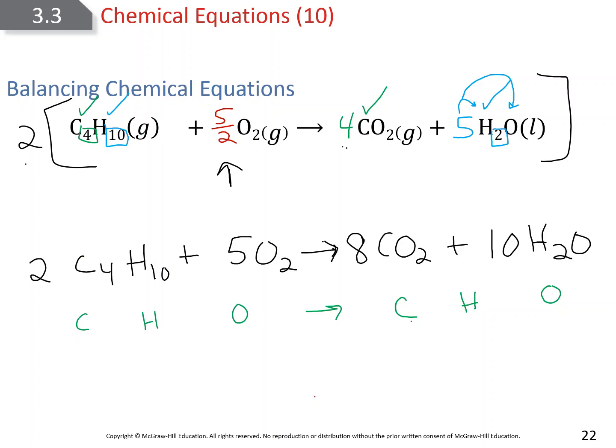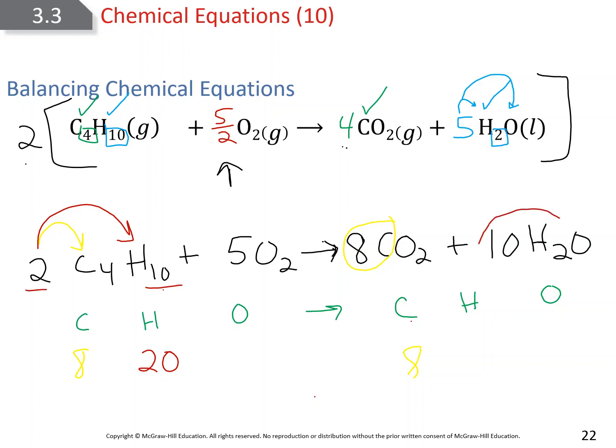All right, so what we have here is on the left-hand side for carbons, that 2 applies to C4, so there's a total of 8 carbons, and here I have 8 carbons. My 2 also applies to my hydrogen, so that means 20 hydrogens, because there is 10 times 2.